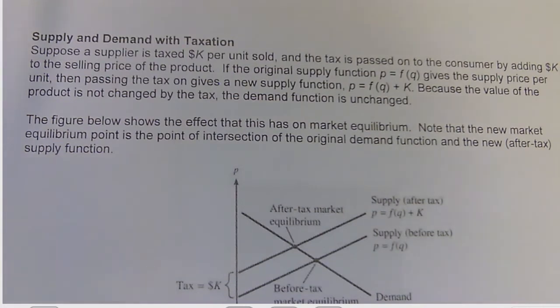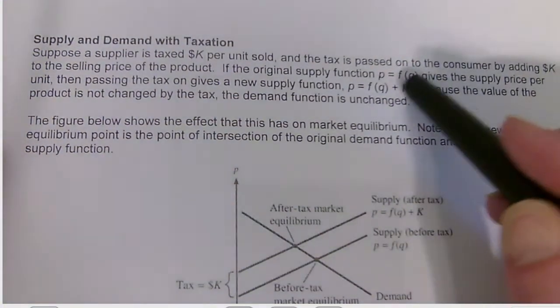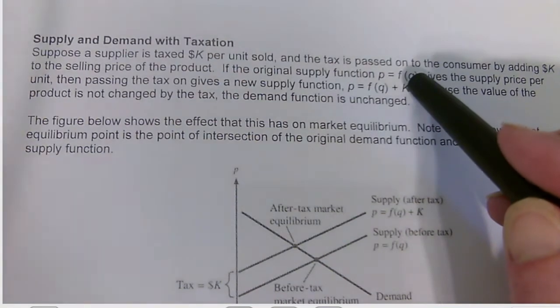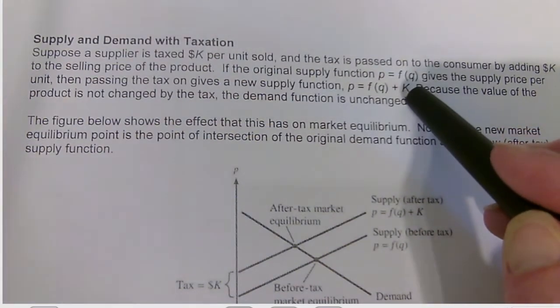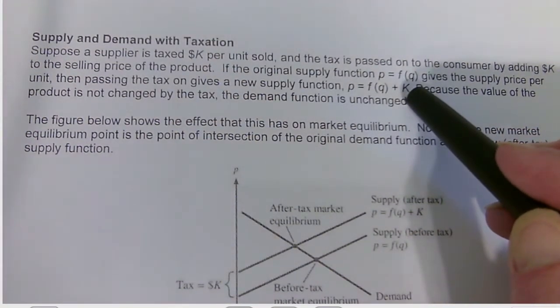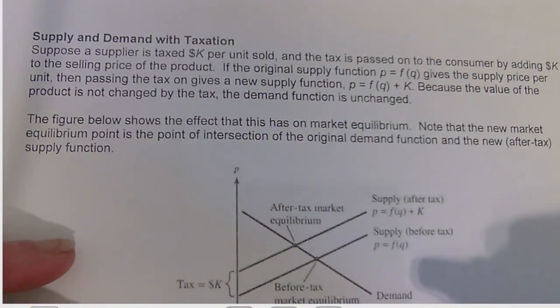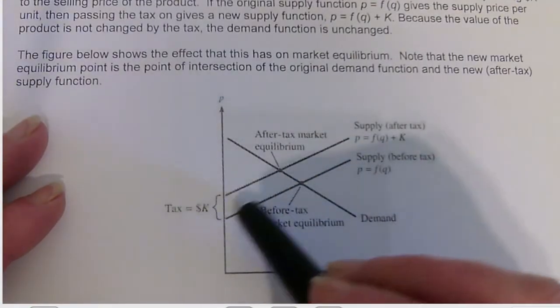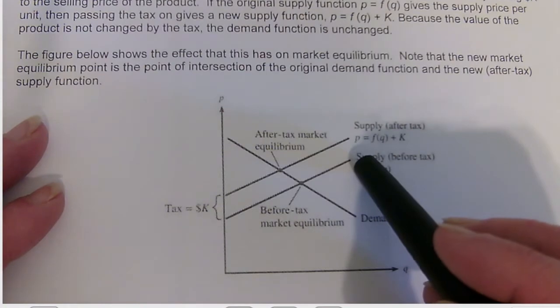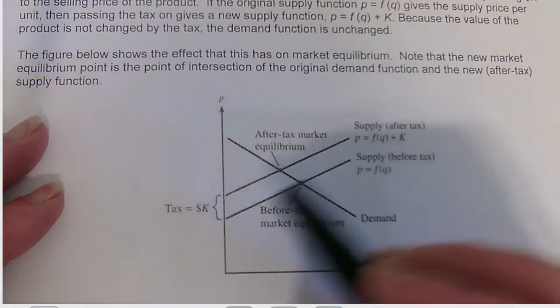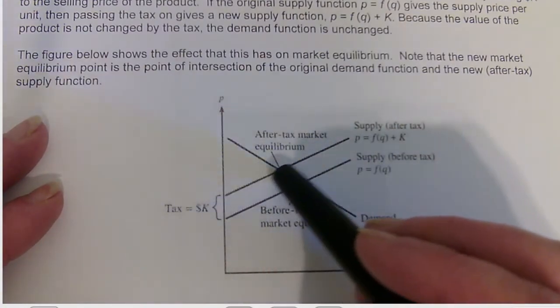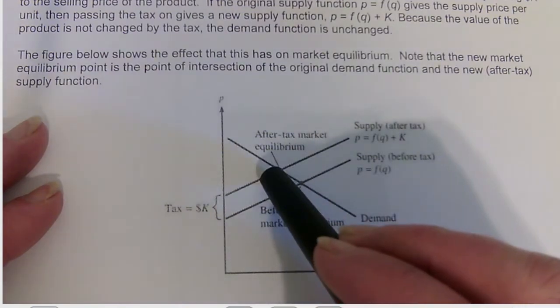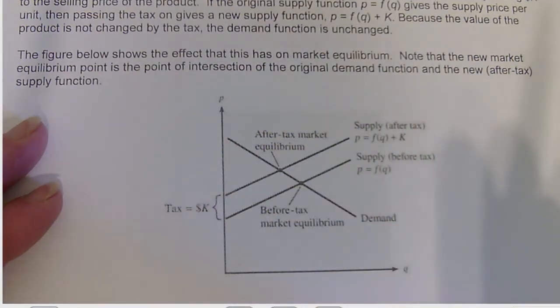If the original supply function is F, then when we add on the tax, we're just going to add that onto the supply function. Here's our supply function before tax. But when we add the tax to it, it's just going to move it up. It's also going to change our equilibrium point.